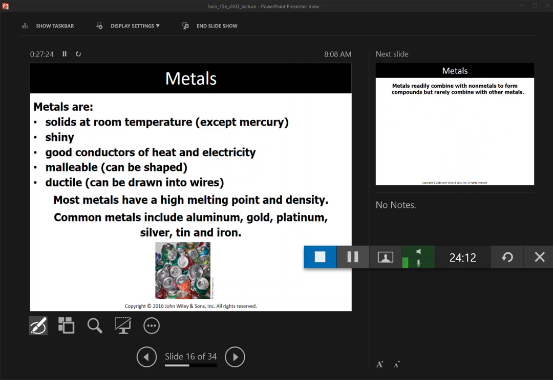One other physical property of metals: they have very high melting points, and the densities are very high too. When we get to chemical equations, I'll show you the properties of the metals and how they react with oxygen and other elements or nonmetals.